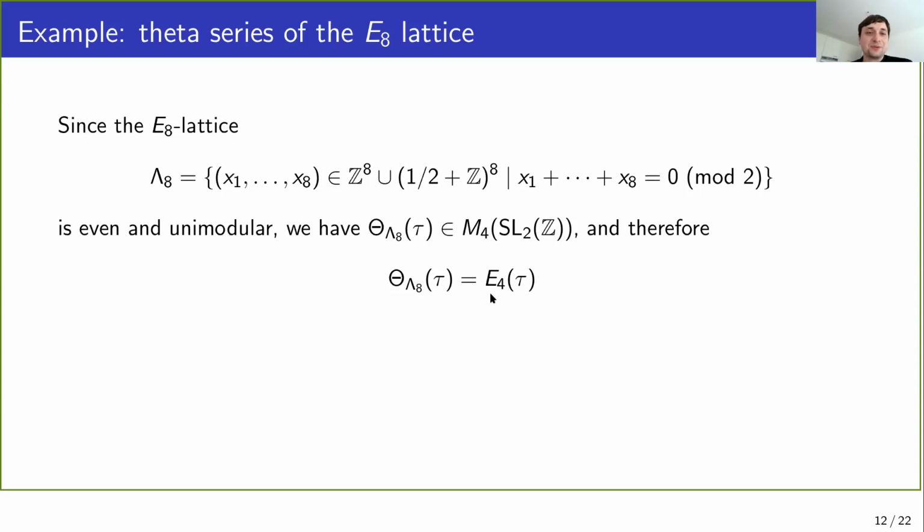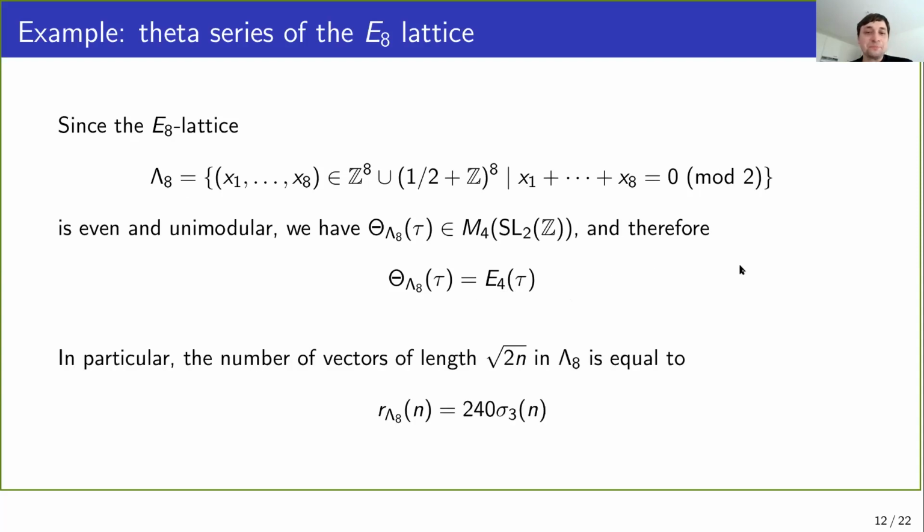Of course, it's not a very good choice of notation, but what can you do? E4 here is an Eisenstein series, but E8 is a root system. What you get from here is that the number of vectors of length square root 2n in the E8 lattice is equal to 240 multiplied by the sum of cubes of divisors of n.